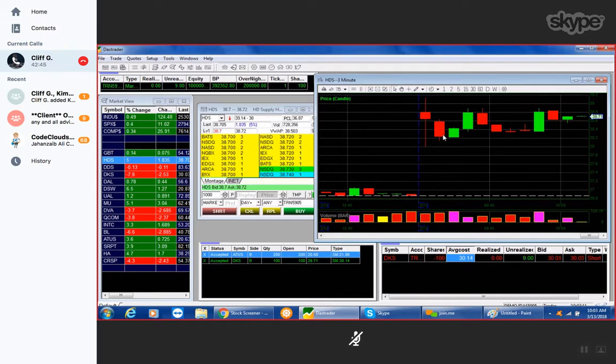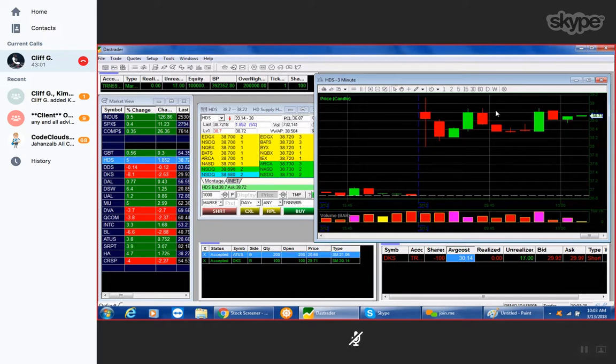Now, let's look at the visual. Now that it went through the checklist, visually, what are we looking at here? Am I looking at a stock right now that's exhibiting 4 candles of support? No. I see barely 3. Okay, so number 2.